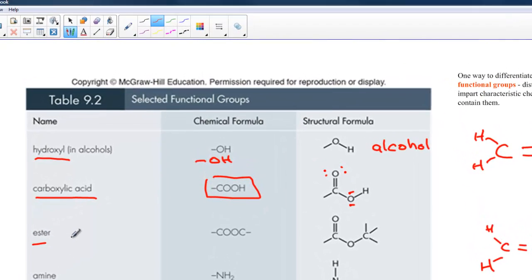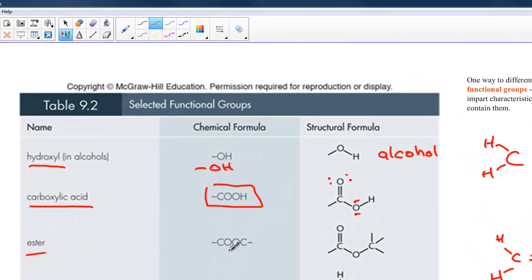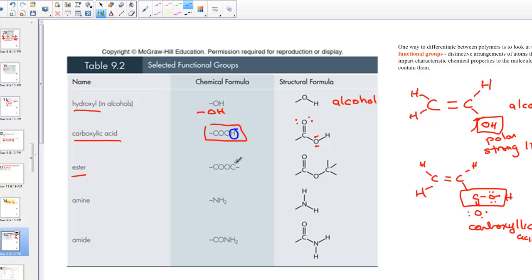An ester is an organic functional group that contains a C double bond O, OC. So notice what's happened. Instead of an H at the end, we have another carbon group to create an ester. So this is not at the end of a chain, but in the middle.